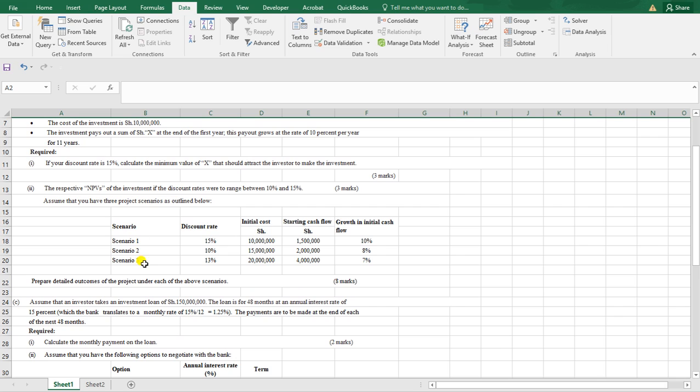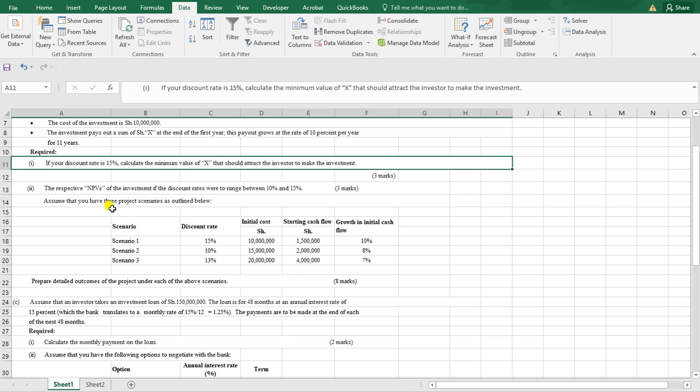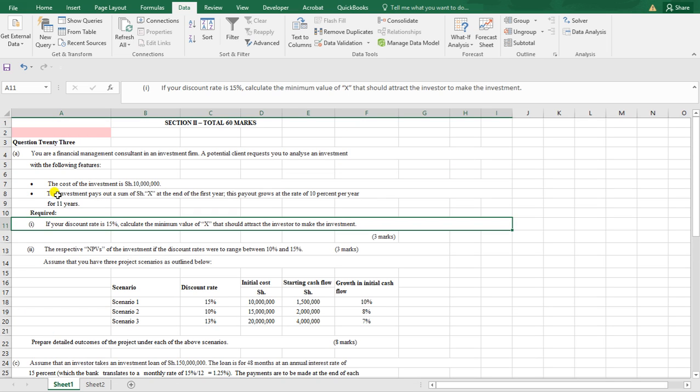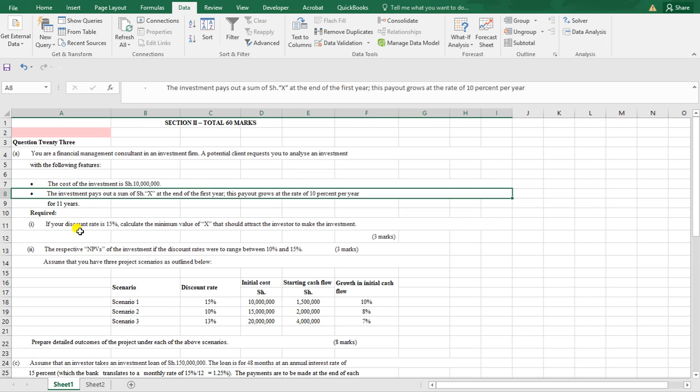Scenario 1, 2, 3, our discount rate, initial cost, starting cash flows, and growth in initial cash. So we are asked to prepare a detailed outcome of the project under each of the above scenarios. So remember, these scenarios basically are based on what you are given on top. So growth rate, basically we'll be looking at it in terms of the period that you are given here.